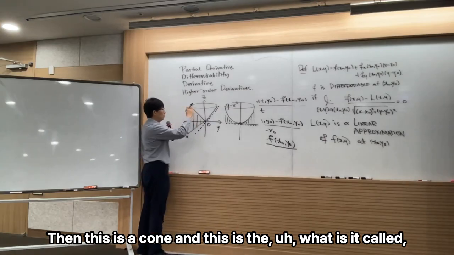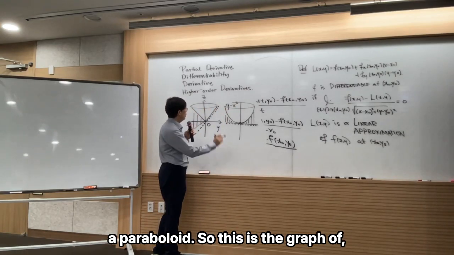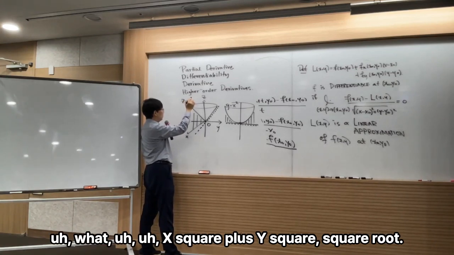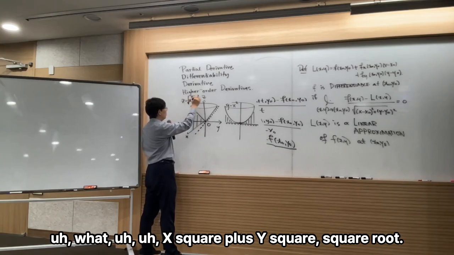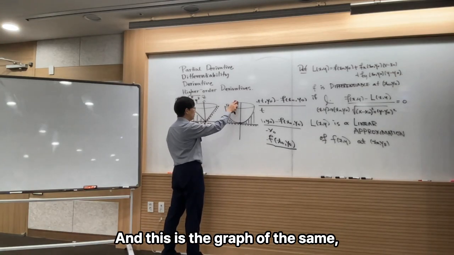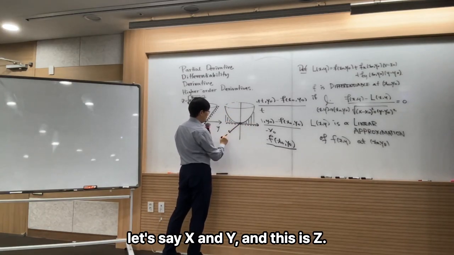Then this is a cone, and this is the paraboloid. So this is the graph of the square root of x squared plus y squared, and the same thing happens here. But this is, let's say, x and y, and this is z.